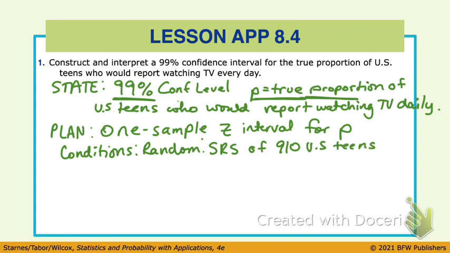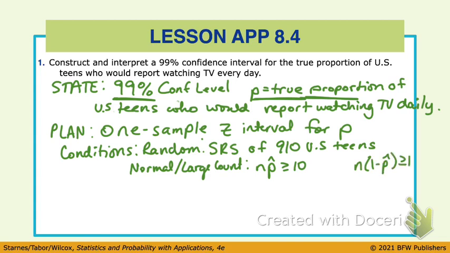And for our normal or large count, we're going to check that N times P hat is greater than or equal to 10, and N times 1 minus P hat has to be greater than or equal to 10. And so we're going to check this. N, our sample size was 910. Our P hat, that is the 57%, so 0.57. When I do 910 times 0.57, we get 518.7, but I'm going to go ahead and round that to 519.